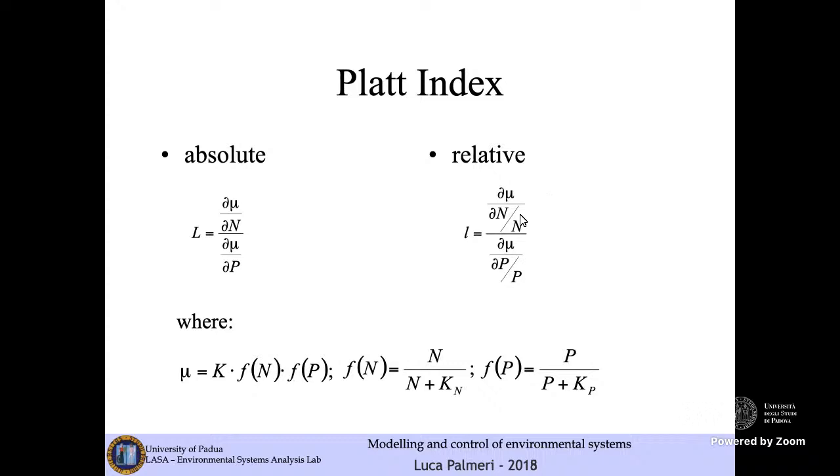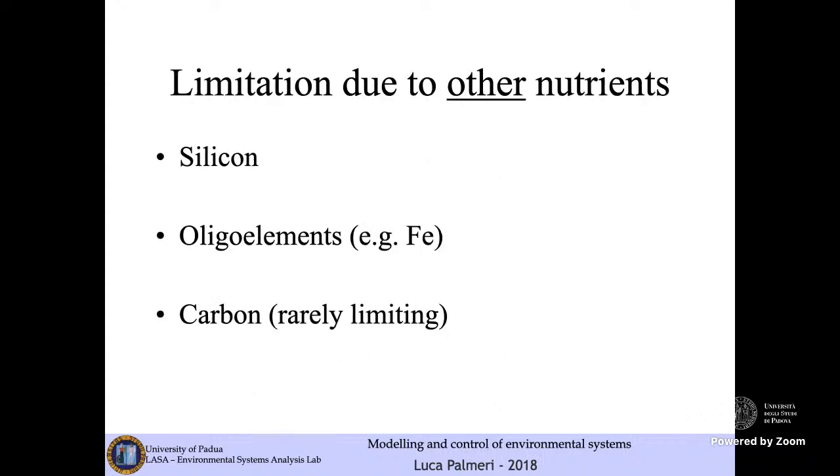So in this case, it is better to employ a normalized or relative index to evaluate which is the limiting nutrient. We have anticipated that there are limitations or effects due also to other nutrients, in particular silicates or oligoelements like iron, or sometimes carbon, but this is rarely limiting.